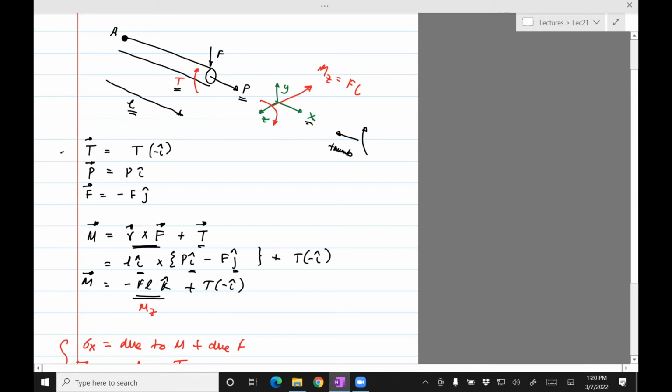So the torque you can see is along minus i. Again, the way you get this is you curl the fingers of your right hand along the torque, and your thumb gives the direction of the torque. So my thumb in this case is pointing along the negative x-axis, you can see there, and so it's negative i.